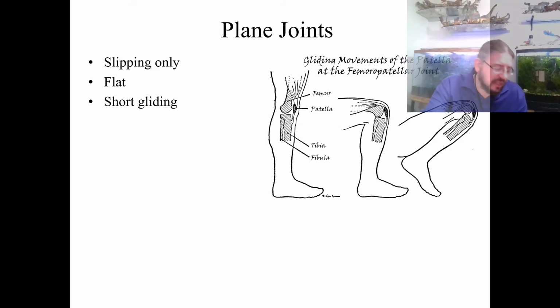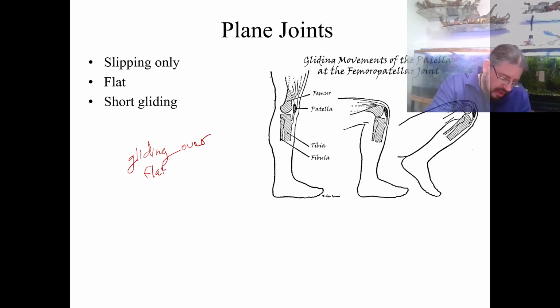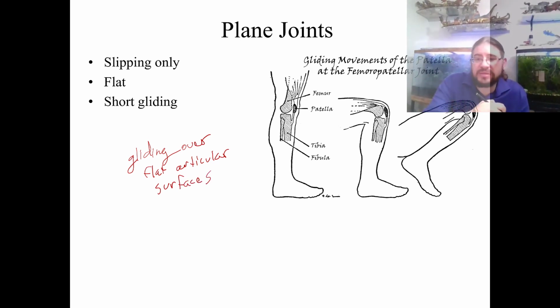So short gliding movements over flat articular surfaces. Good news, you basically know where plane joints are if you know where the knee is. That's our gold star example of a plane joint.